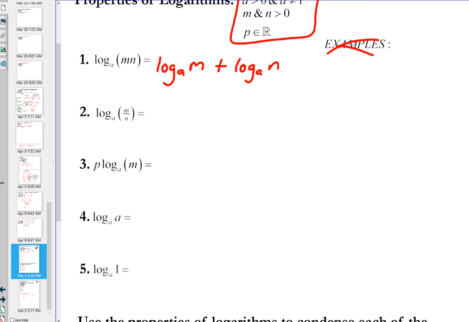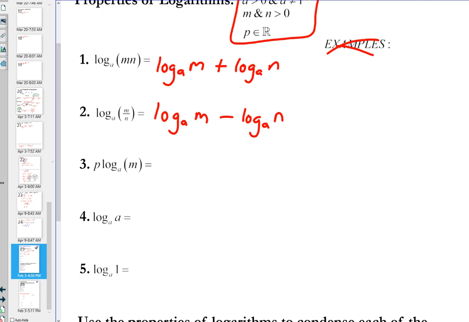With product, both logs have to be positive. What should the second one be? Log base A of M minus log base A of N. That's quotient property. The log that goes to the denominator needs to be negative.